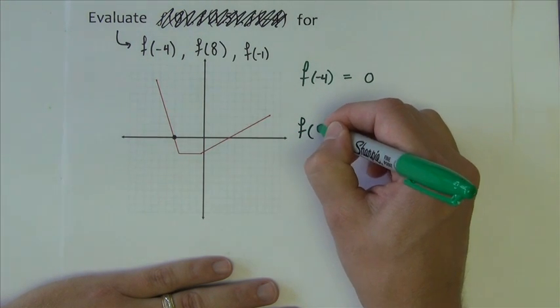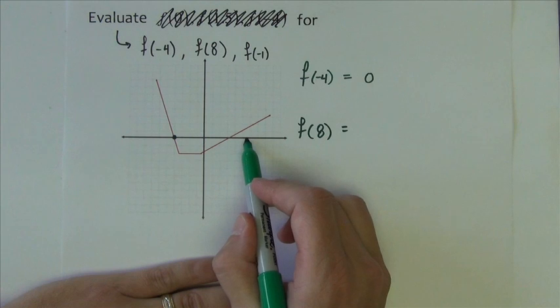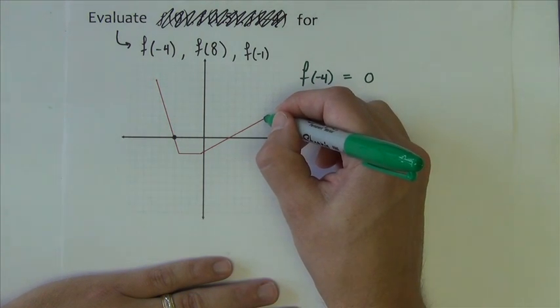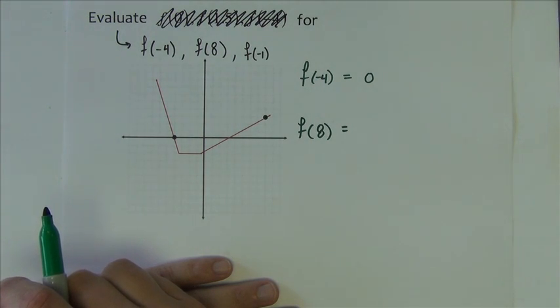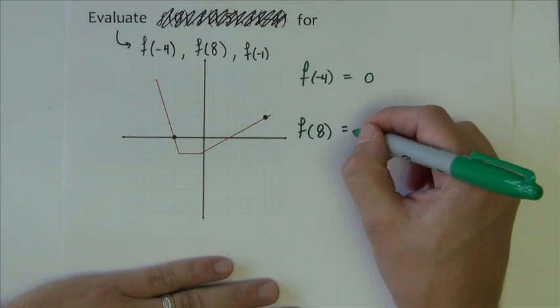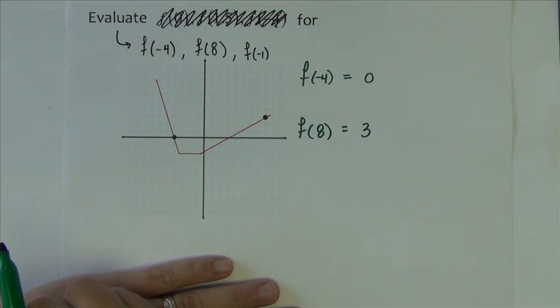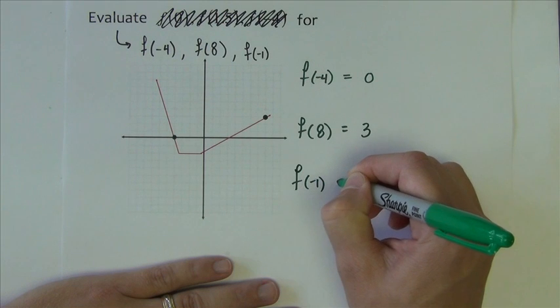Next one, f of 8. So I go out to 8: 1, 2, 3, 4, 5, 6, 7, 8. Let's go up to our line. So what is that ordered pair point? It would be 8, comma, let's just call it 3. It's pretty close to 3. Last one, f of -1.